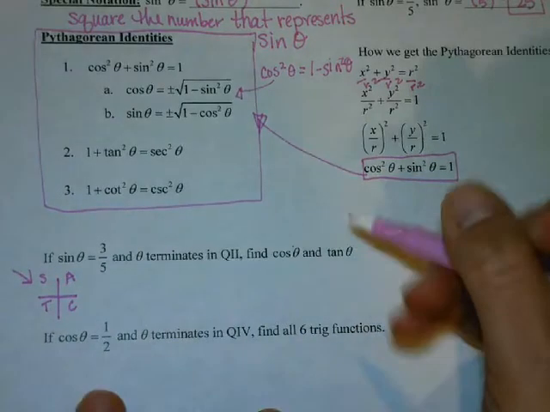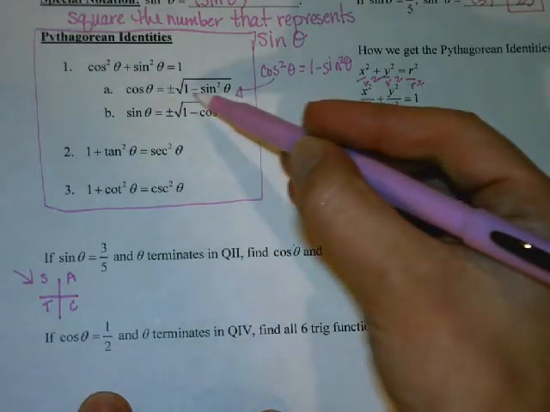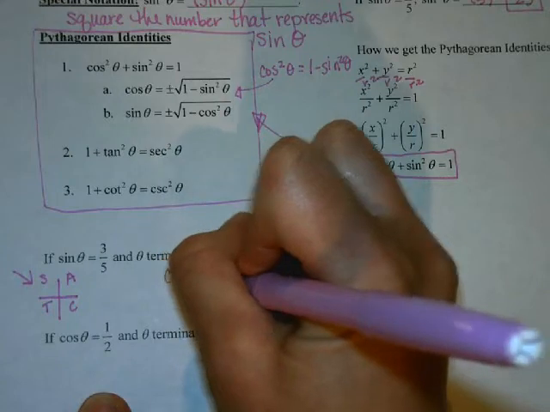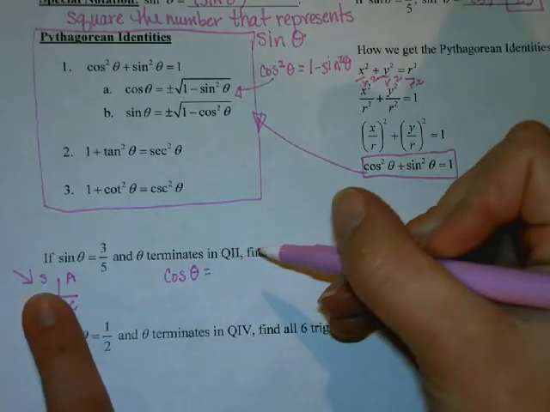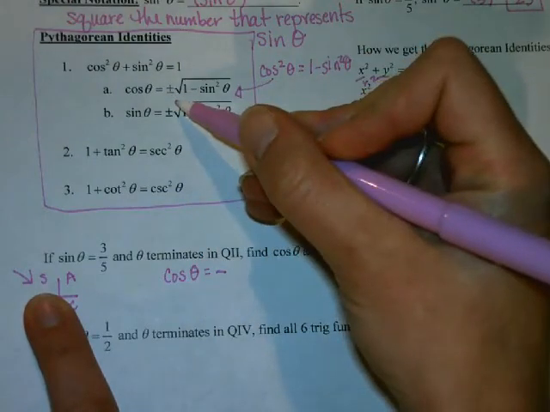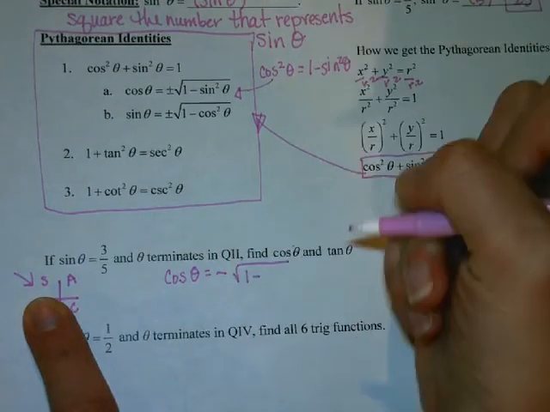Okay? All right, so cosine. I want to find cosine, so I'm going to use part A here for my Pythagorean identity. Cosine theta. I know I'm in quadrant 2, so that means cosine has to be negative. So I'm going to pick the negative version of my square root, and I'm going to do 1 minus sine squared.